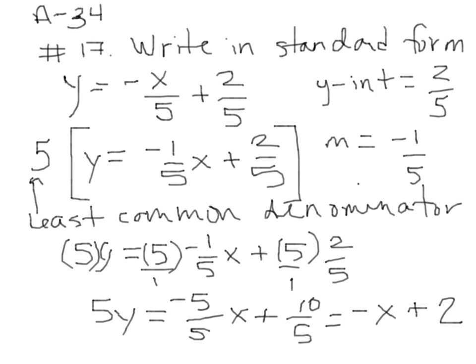So let's go ahead and move this on to a new screen because I wrote way too big. We ended that last one saying that 5y was equal to negative 1x plus 2. This still isn't in standard form because I have to move my x over to the other side of the equation.